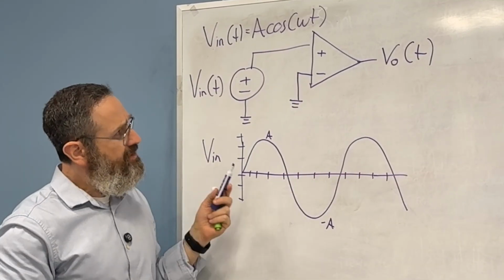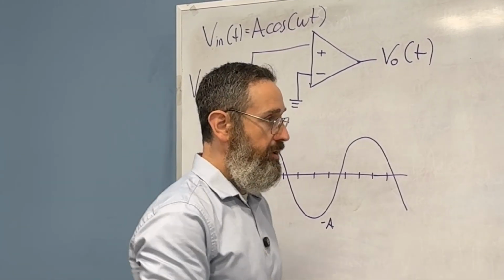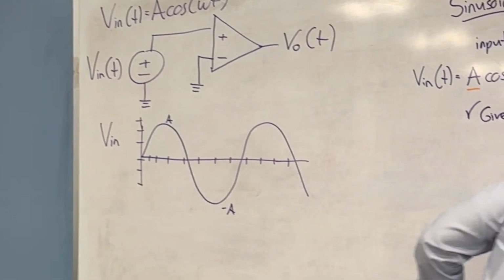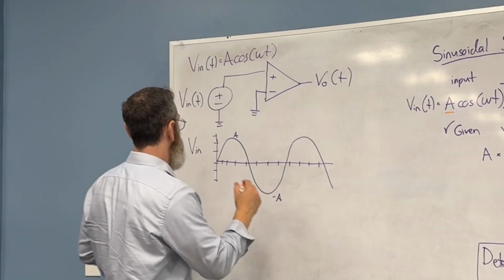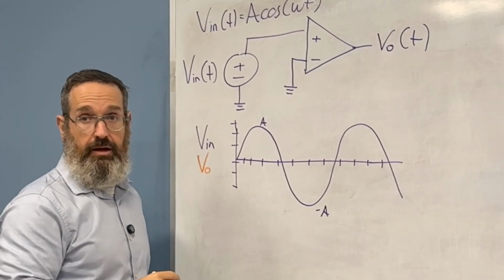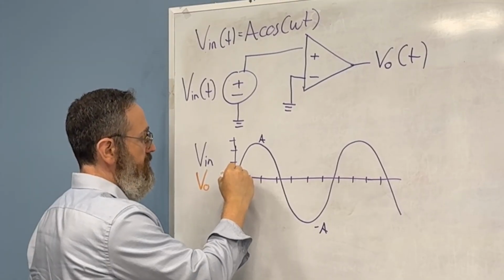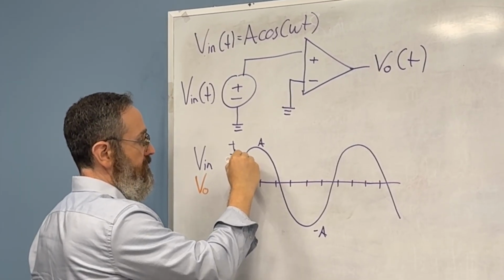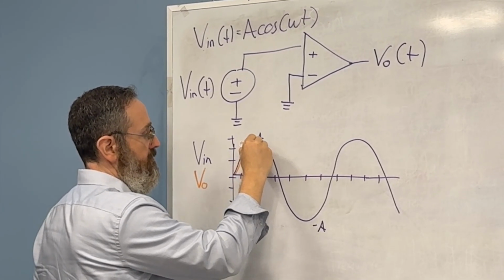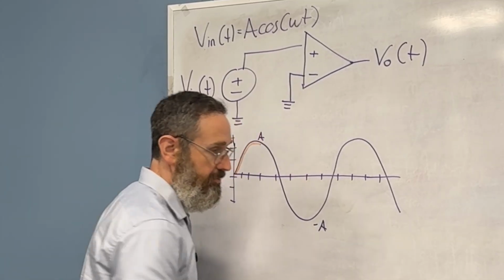But I have enough at this point to draw the output, actually. So I'm going to draw the output in orange, and then I'll explain to you how I got there. The output will look like this. Oh, no, it's not going to look like that at all. What am I doing?